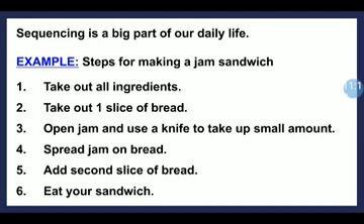So the first thing that we need to do, we need to get all the ingredients that we are going to be needing to make our sandwich. Right? We might also need to get the utensils as well. And when we say utensils, we're talking about the fork, maybe, the knife, and the plate. Alright?